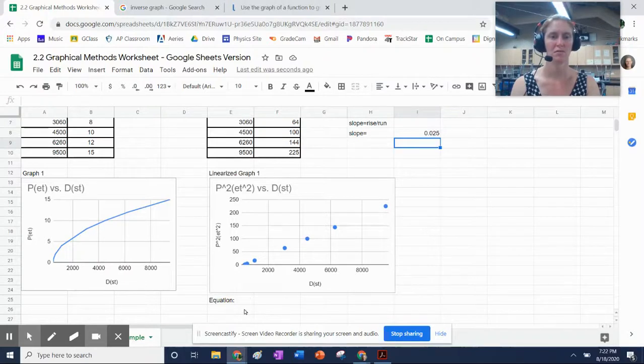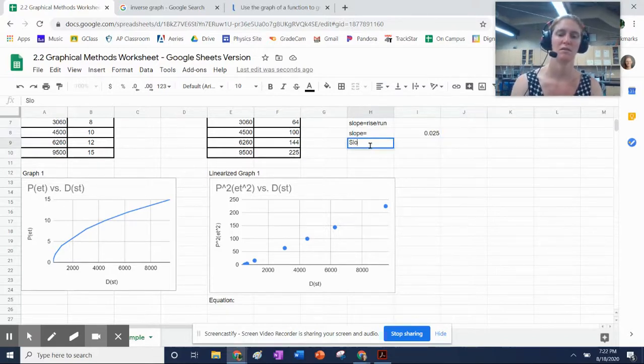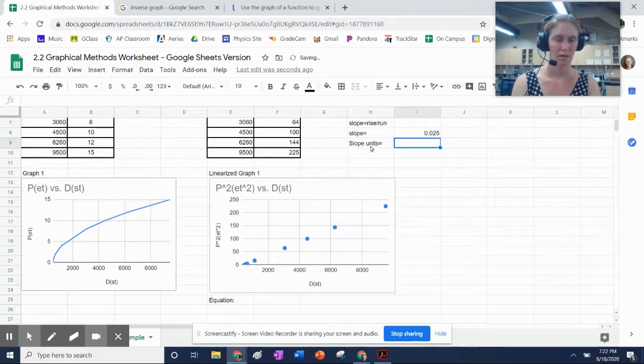All right, so what do I do with this? Well, first thing I need to do is I need to have units on this. Just like I found the slope, I can find my slope's units. So the units over here are what are in parentheses.